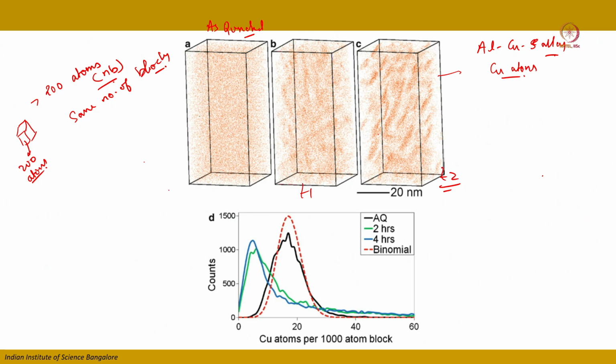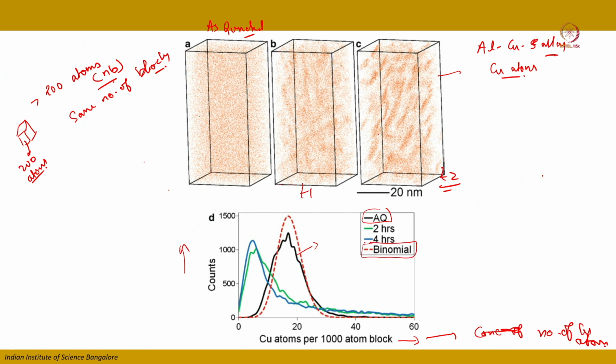Okay, so in as quenched, you can see there is a plot between the counts and the copper atoms per 1000 atom block. The x-axis usually gives the concentration, or the number of copper atoms per block, and these are the counts. Fine. So see this black color curve, which is as quenched, as compared to the binomial curve.